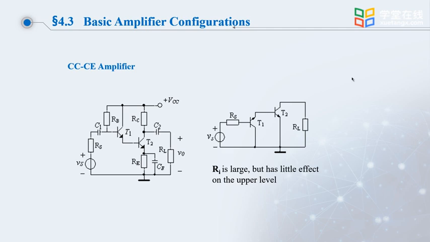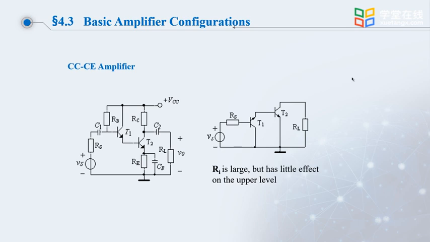We can know that for AC signals, C1 is short circuited and the emitter of the T2 tube is grounded. This combination of common collector configuration and common emitter configuration is also called a Darlington circuit. T1, in the common collector configuration, sends the input voltage to the T2 common emitter amplifier's input with little attenuation.